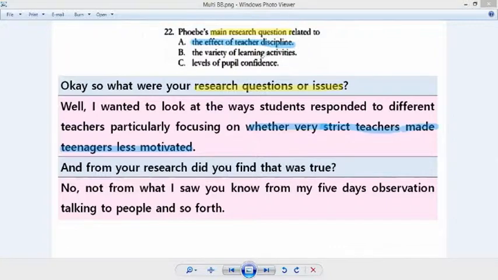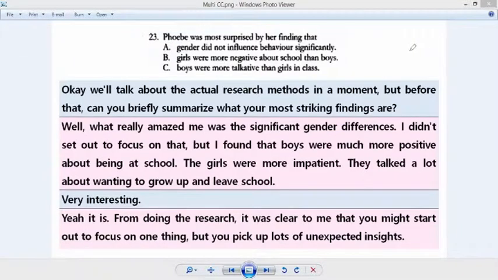Okay, but we definitely don't have anything about B or about C. So whereas number 21 was difficult because of traps, 22 is difficult because of paraphrasing. Okay, but both of them require you to understand the meaning, the true meaning of the listening, not just the keywords. Next, number 23.